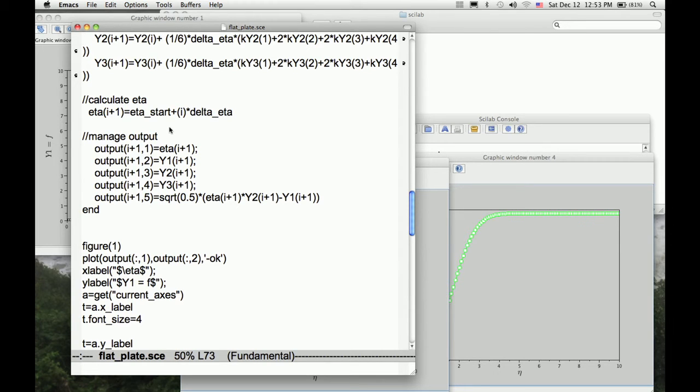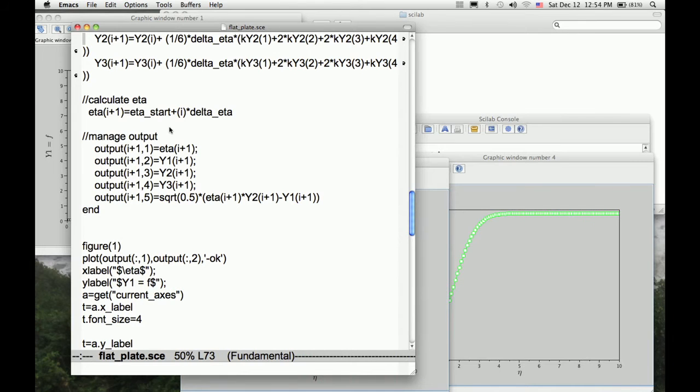Now, here what we are basically doing is we go from the wall, and the wall value is something that I do not know. So, I assume it. Once I assume that, I use that value and integrate forward away from the wall into the boundary layer, and I go to the edge. There I know one value, which is the y2 value.